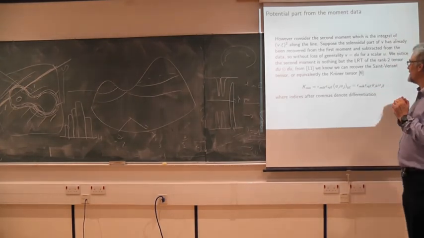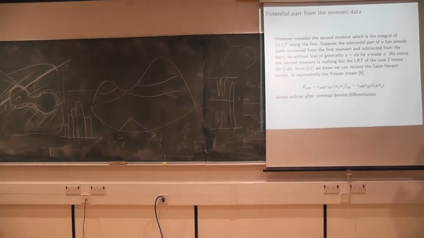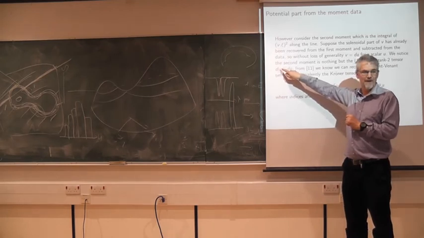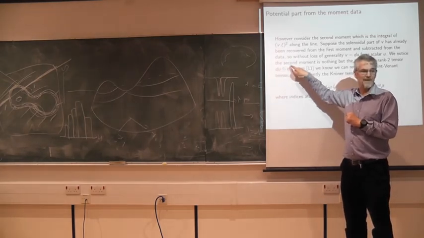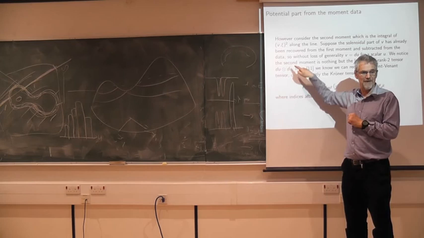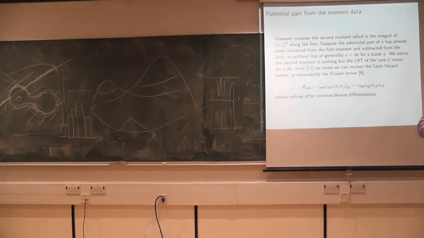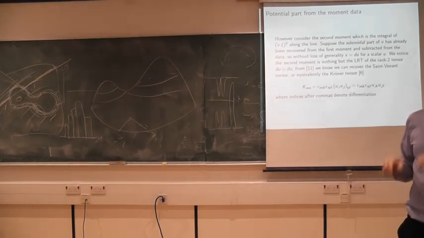And it turns out that this second moment is exactly the LRT of the rank 2 tensor, which I have written. This means the outer product. So you just get every component of this vector times every component of this vector, and you get a symmetric matrix. So here's the point: the second moment data is a longitudinal ray transform of the tensor square of the velocity field.